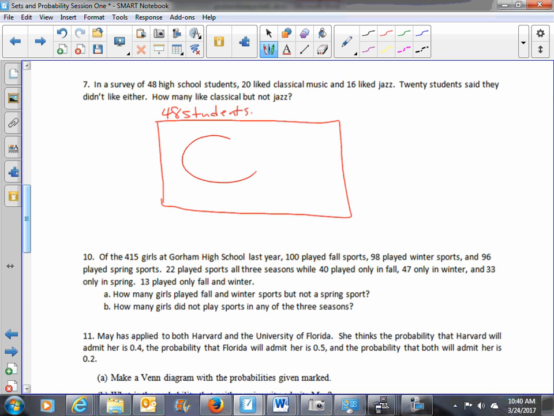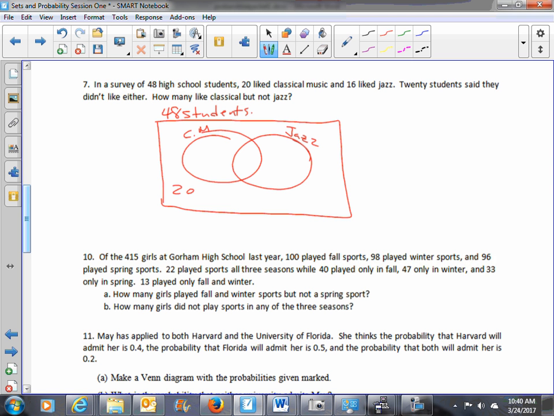And here is the set of classical music lovers, and here's the set of jazz lovers. Now, in this case, they're telling us that 20 don't like either. So we need to figure out the others in here.